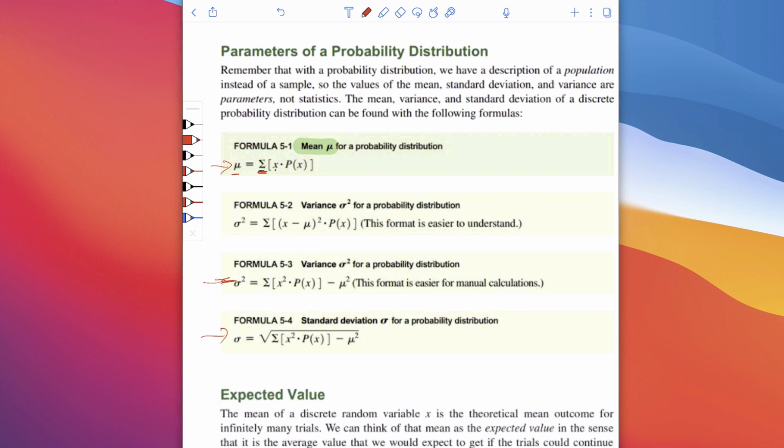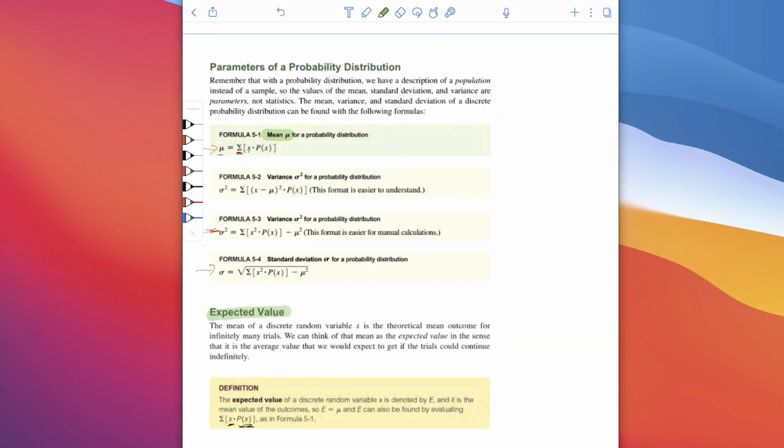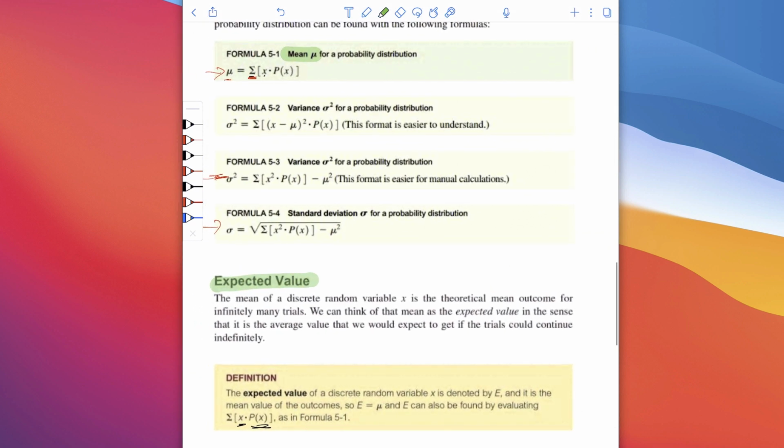The expected value is just the mean of the probability distribution. So the mean of the discrete random variable x is the theoretical mean outcome for infinitely many trials. So it's the theoretical value that it should go to. We can think of the mean as the expected value, in the sense that it is the average value of what you expect to get if the trials could continue indefinitely.